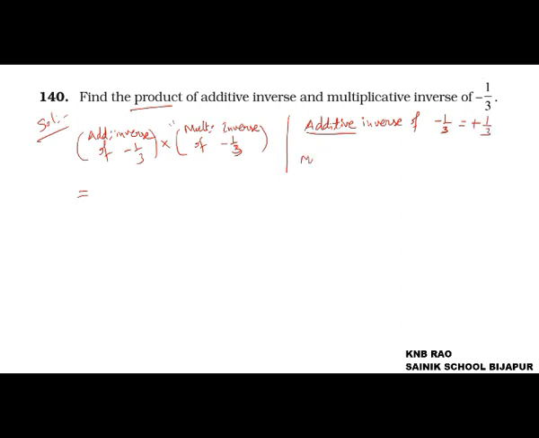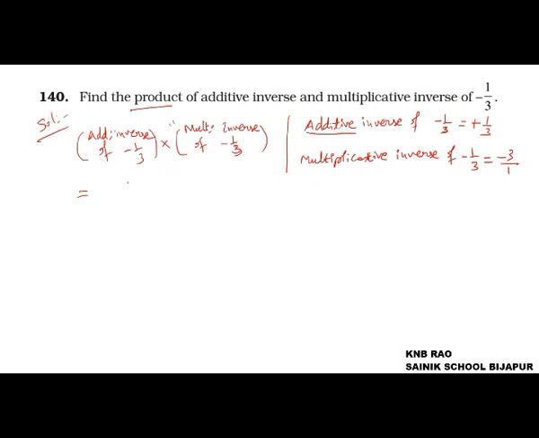Next, if you want to find the multiplicative inverse of minus 1 by 3, we have to make the numerator the denominator, and the denominator the numerator, and the sign will never change. Here minus 3 by 1 is the multiplicative inverse of minus 1 by 3.